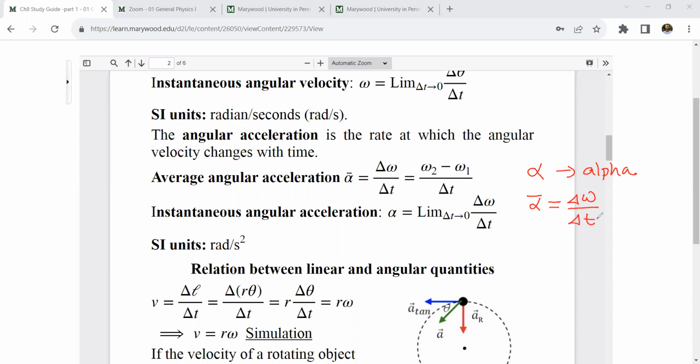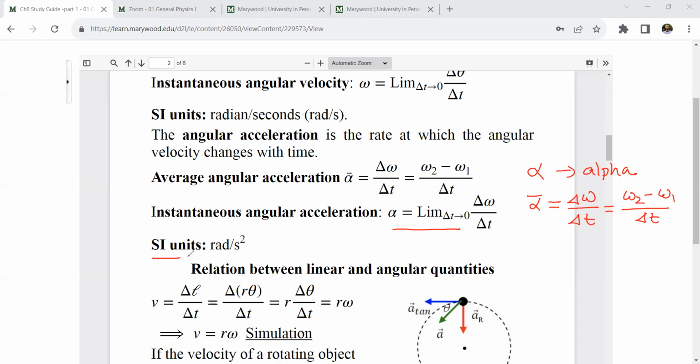I mean, the change in angular velocity with respect to time. It is final velocity minus initial velocity divided by time. And the instantaneous angular acceleration is this one when time is very small, delta t tends to 0.